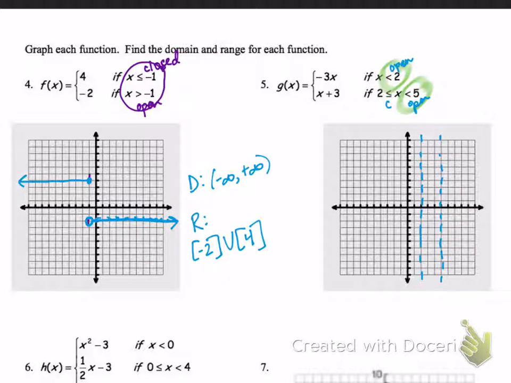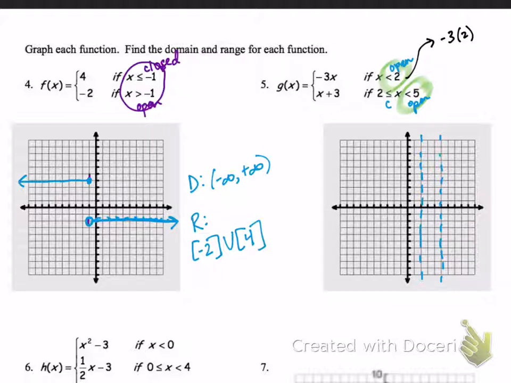So we all should know how to graph the line y equals -3x. But something that is helpful for me is I want to know exactly what point y equals -3x is at that domain restriction. So I take this value 2 and I plug it into the function -3x. So out to the side, I'm going to take -3 times +2, because that's where my domain restriction is.